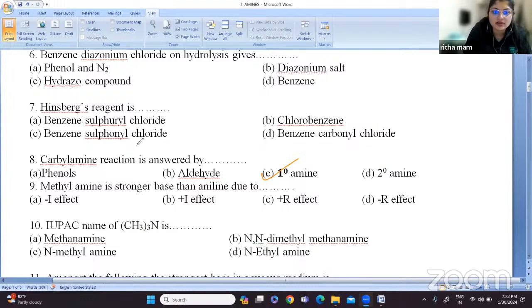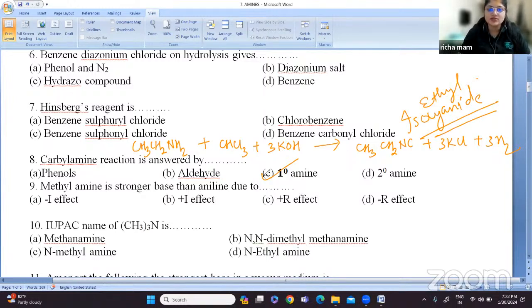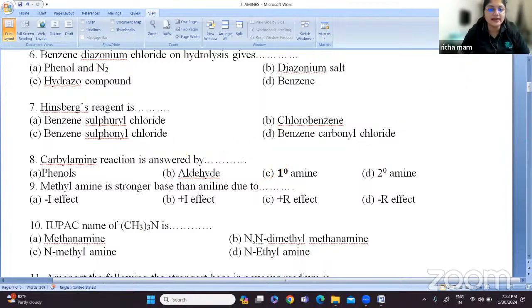If I give you a reaction, CH3CH2NH2 plus chloroform in the presence of a base gives CH3CH2NC plus 3KCl plus 3H2O. So it forms an isocyanide, ethyl isocyanide. So carbylamine reaction is answered by primary amines. Okay. Next question.